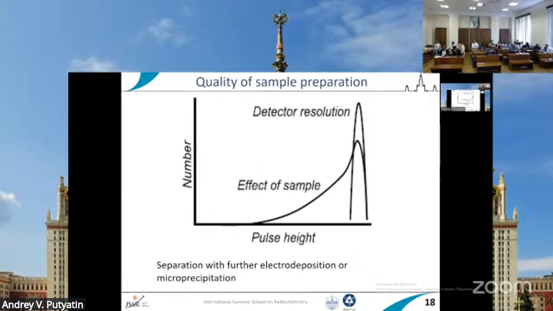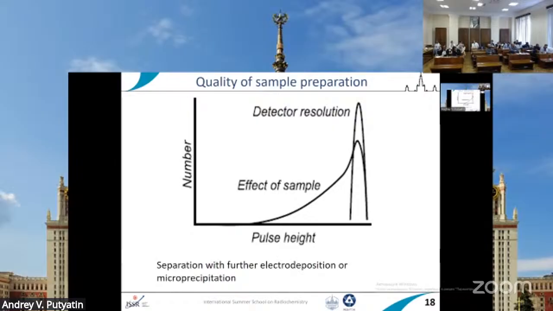It is important for alpha spectrometry to prepare a good sample. A good sample means a very thin and homogeneous sample on our substrate. Because if we have a bad sample with different thickness, we will obtain very long tails in our spectrum that can make it not so easy to calculate the activities of our radionuclides.